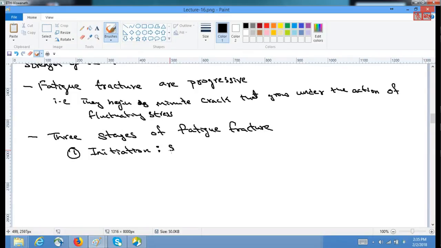So the surface scratches and defects due to manufacturing or because of poor design are the initiator.